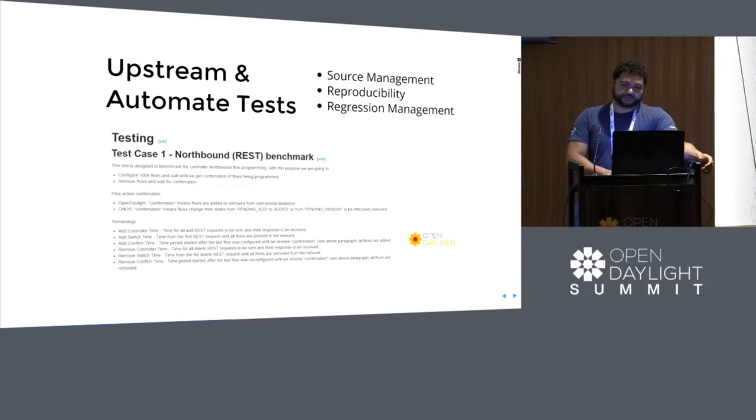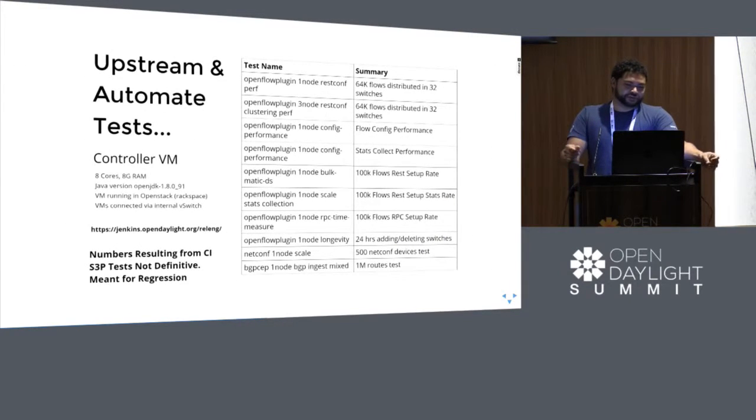This might be a good time to go to the next slide, which talks a little about what tests are upstream and what the VMs actually show you. The controller VM that we have upstream, and Luis might have touched on this, is essentially a VM with 8 cores, 8 gigs of RAM, and Java 1.8.0_91, and the VM's running OpenStack.